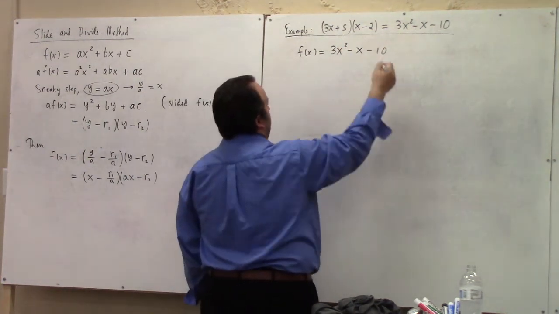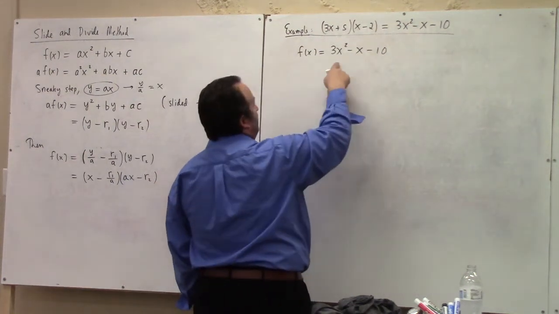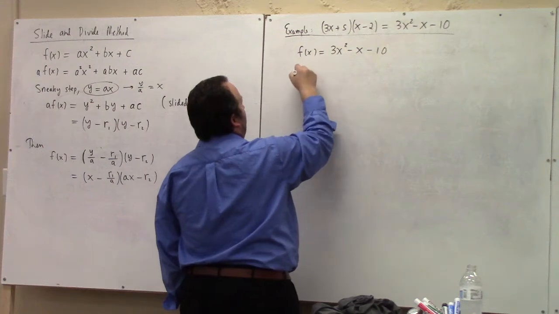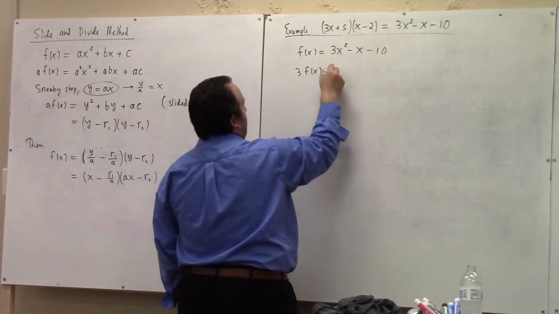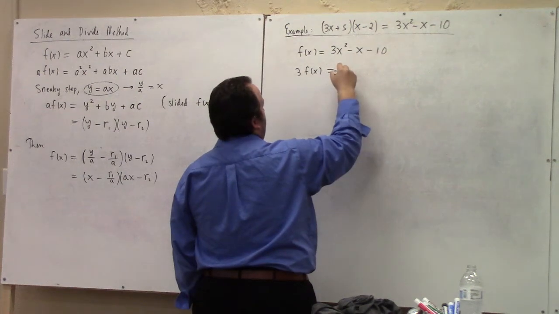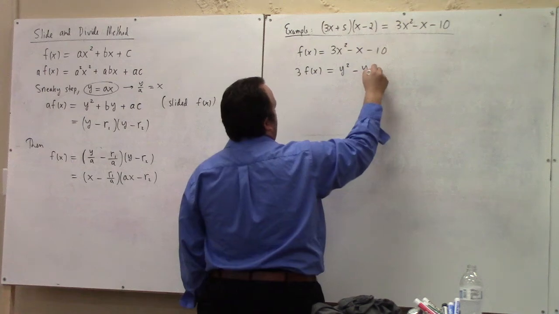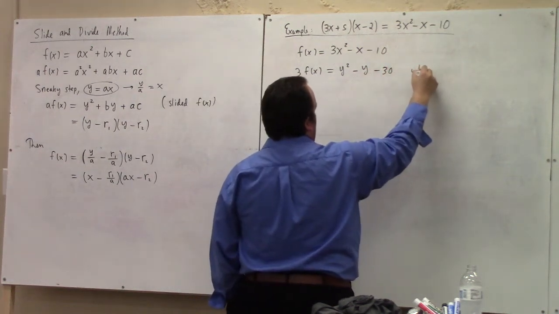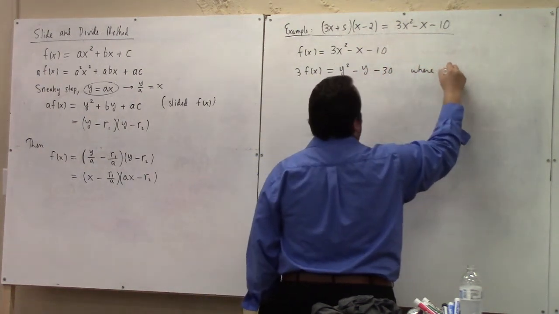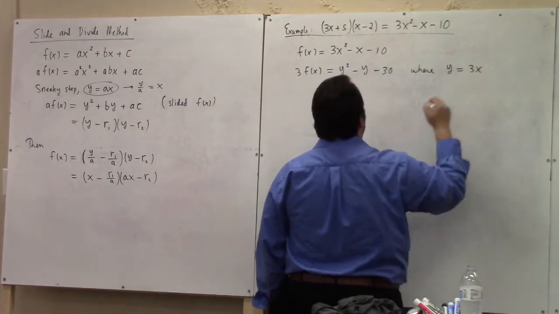Then if I was going to teach slide and divide, I would say, so 3 times f of x is equal to y squared minus y minus 30, where y equals 3x.